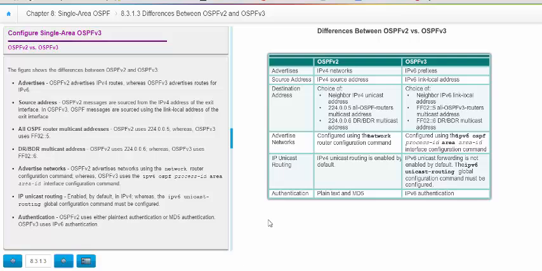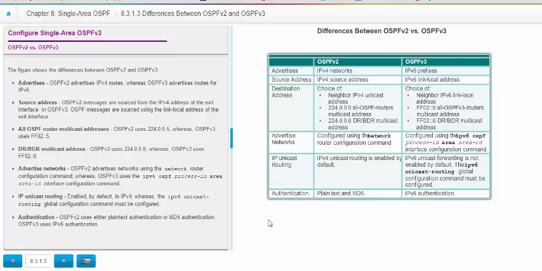With your DR and BDR multicast addresses, OSPF version 2 uses 224.0.0.6. Version 3 uses FF02::6. With your advertised networks, version 2 advertises networks using the network router configuration command. Version 3 uses the ipv6 ospf process ID area area ID interface configuration command.